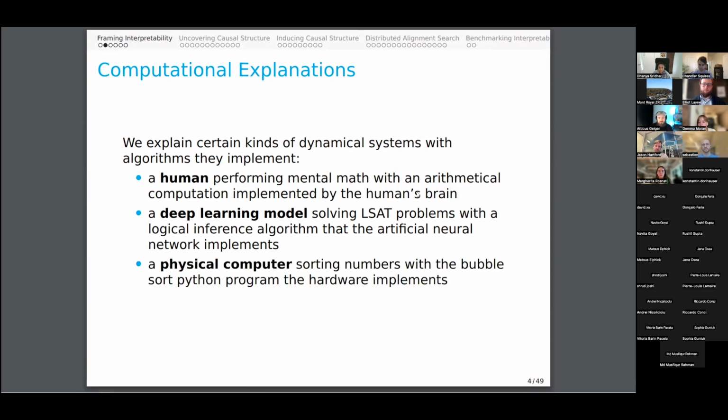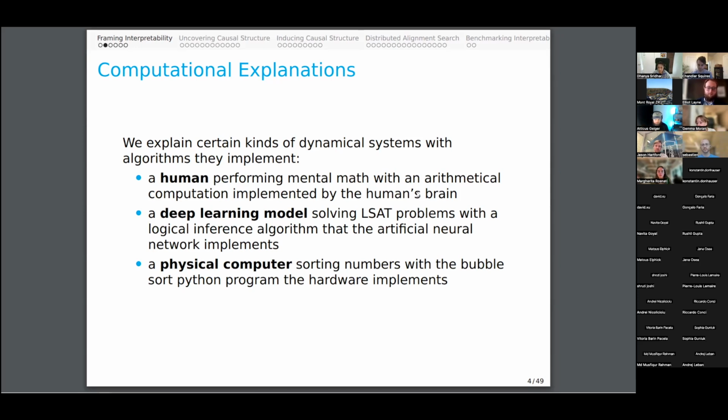And then I think the most canonical example of this that no one can disagree with is a physical computer. It's a very complex low-level system with very simple low-level operators, but clearly the assembly code and then the Python programs we write are different levels of description of that underlying causal system.